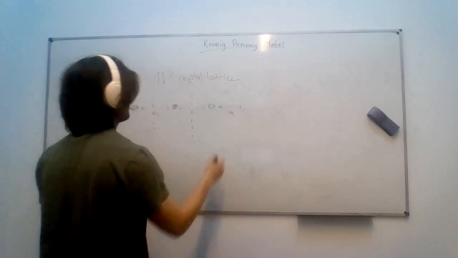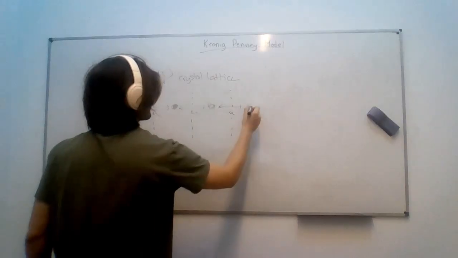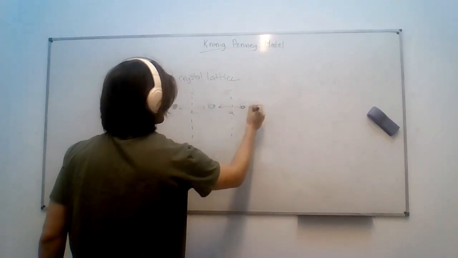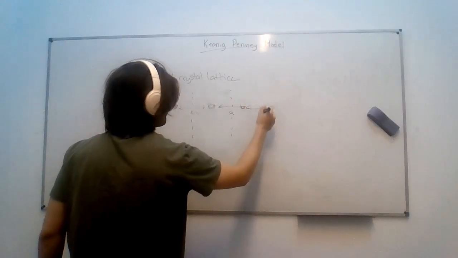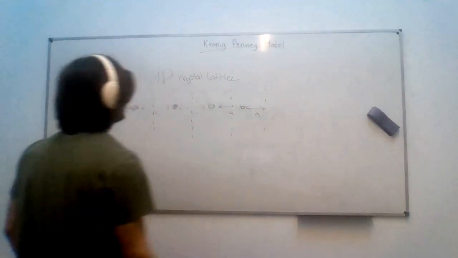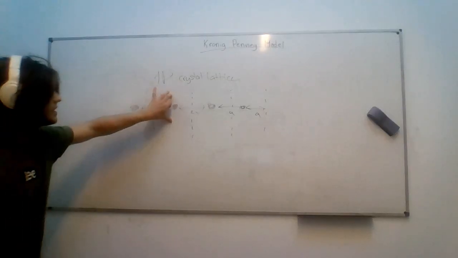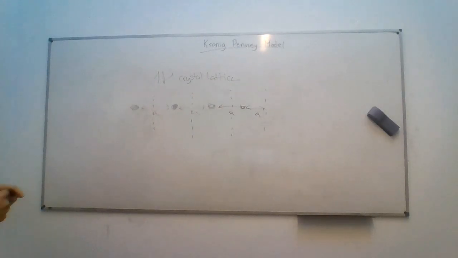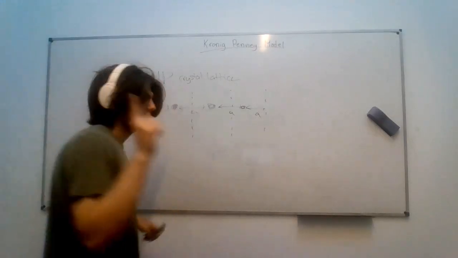These distances are getting a bit off, but you get the point. If I do that over and over again, these unit cells are exactly the same thing. That's what a unit cell is. And I'm going to be focusing on one unit cell.